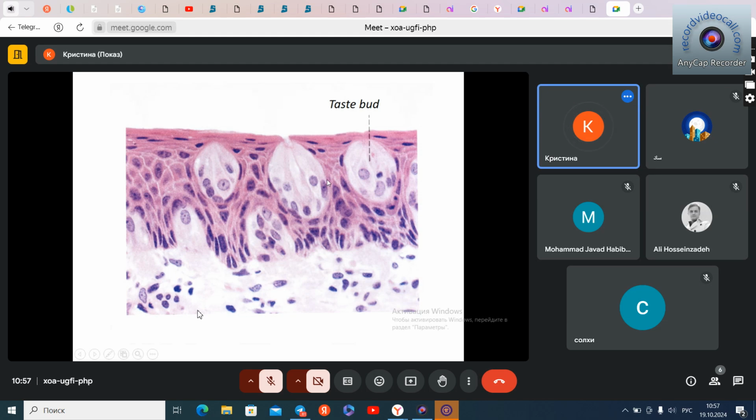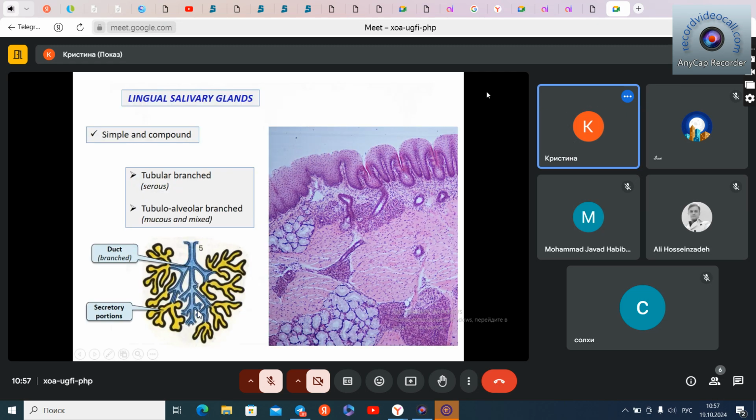Here we can see such taste buds. They contain several types of cells. The largest one, with the larger and lighter nucleus, is the sensory cell, others are supportive and basal cells. This is the taste pore.